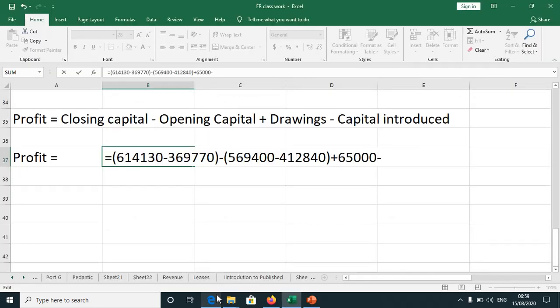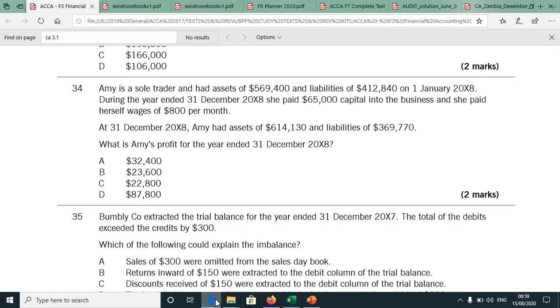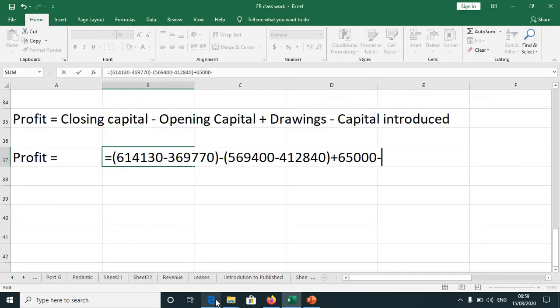then minus, what do you have? The 800 per month. Okay, so this one's supposed to come after, so 800 per month comes now. Multiply this by 12 months. Remember that those were monthly withdrawals, and then you less capital introduced, which is 65,000.